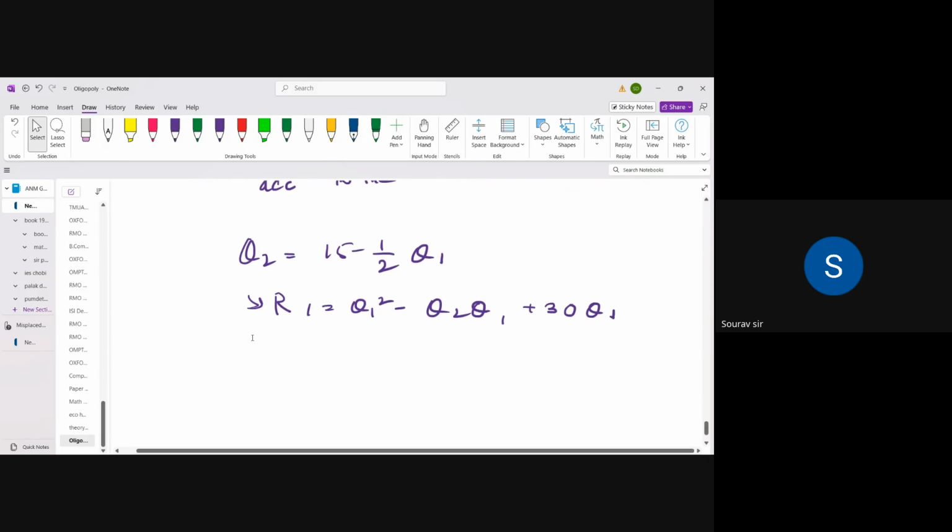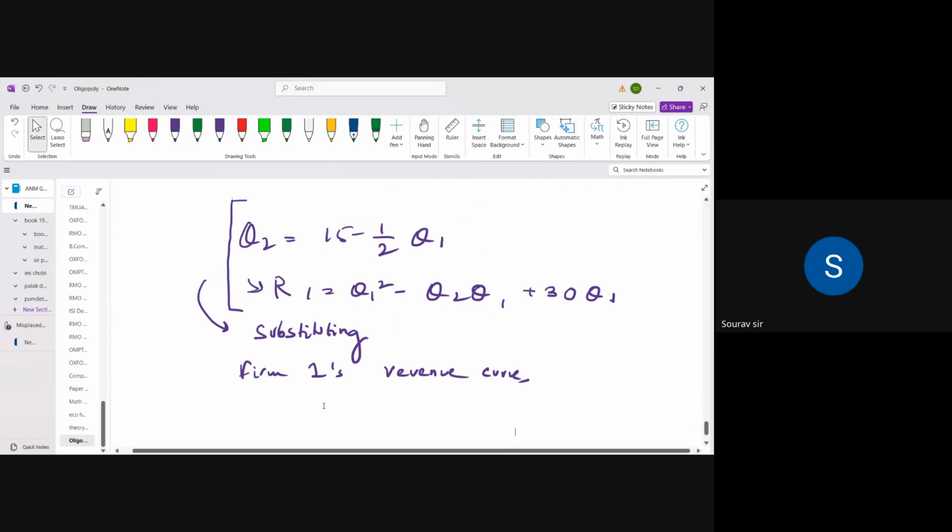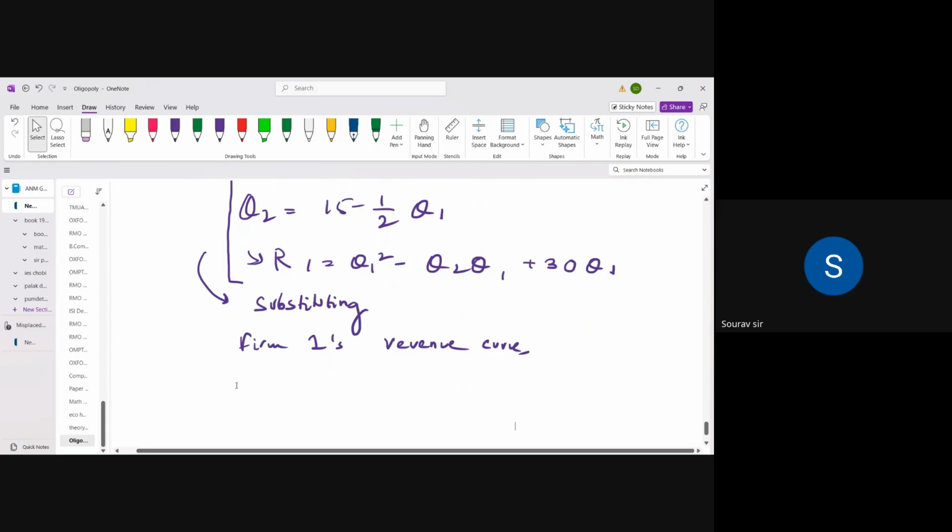So substituting, firm 1's revenue curve R1 is 30Q1 minus Q1 square minus Q1, and then you put the value, 15 minus half of Q1.